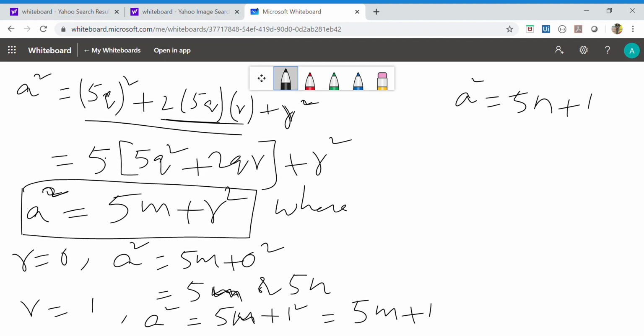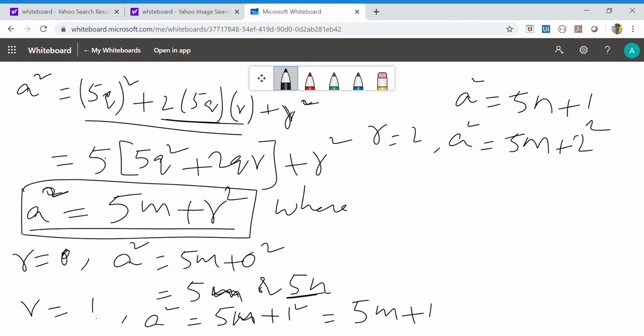So previously r equal to 0 gave 5n form, and r equal to 1 gives 5n plus 1 form. And if r is equal to 2, a square is equal to 5m plus 2 square. You have to remember a square is equal to 5m plus r square, and substitute the r values.